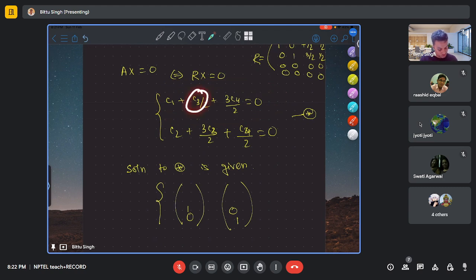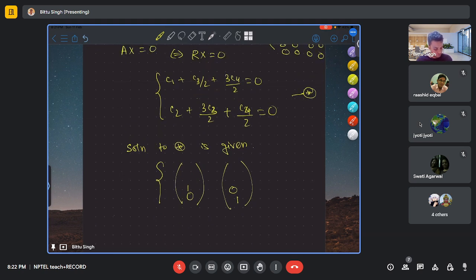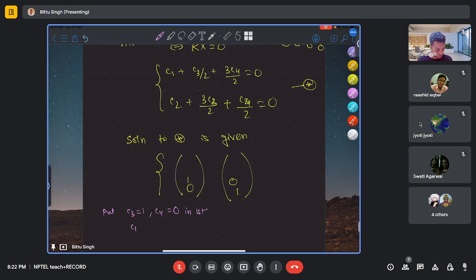C3 is 1, C4 is 0. So what will be C1? If we put C3 equal to 1, C4 equal to 0 in first equation, this will give C1 plus 1 equal to 0.